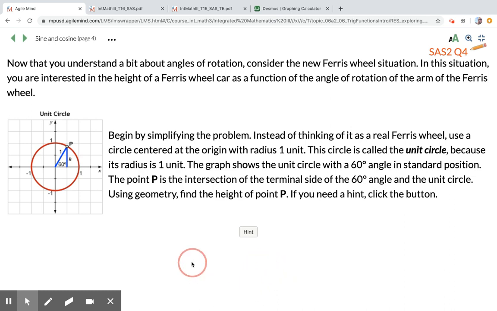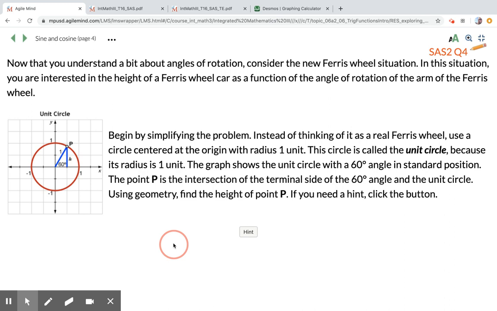Now, this particular picture that you also have on question number 4 shows a 60-degree angle in standard position. So we've started here, we've worked our way up, boom, 60 degrees, there it is, and then we drop down for the height right here. This point P is on the terminal side of our 60-degree angle, and it's also on the unit circle.